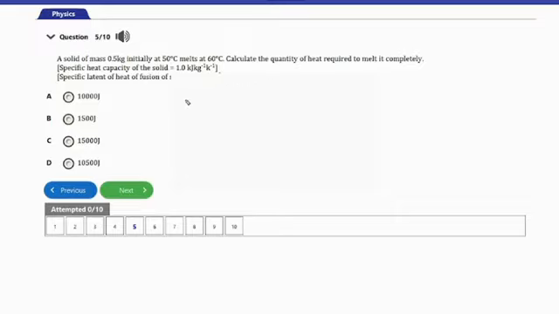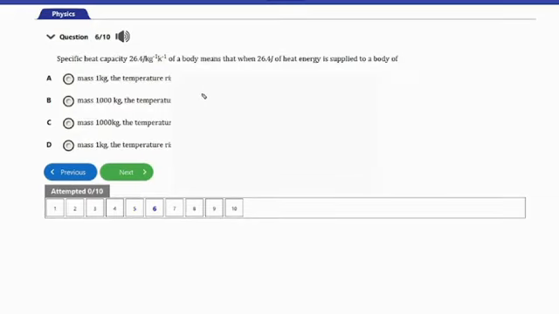So let's go ahead and consider the next question, guys. That's question number 6 here. It says specific heat capacity 26.4 joule per kilogram per Kelvin of a body means that when 26.4 joules of heat energy is supplied to a body of A mass 1 kg, the temperature rises by 1000 Kelvin.